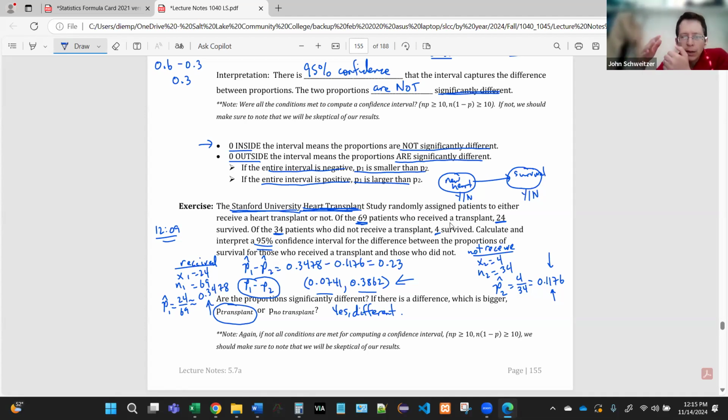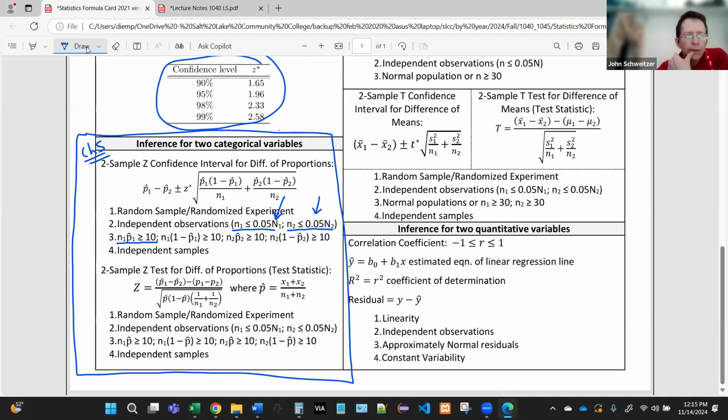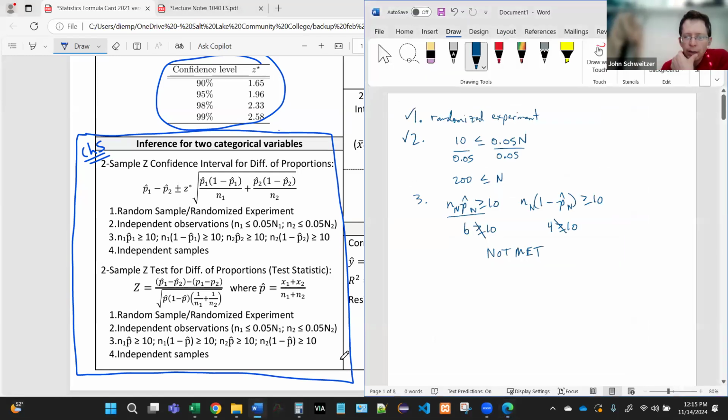Now let's be a little bit critical here and think about the requirements. We didn't really check those requirements, did we? So let's go back to the list again, right? We have these 4 things we have to check. And unfortunately, I think we see a similar problem with this experiment. Okay, so they were randomly assigned to get a heart transplant or not.